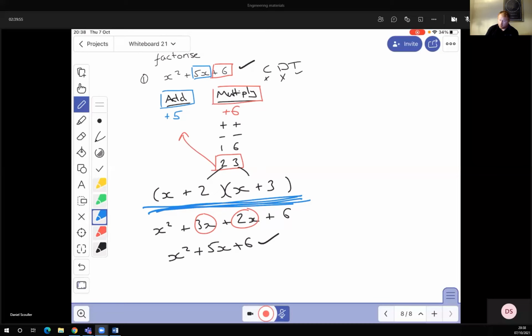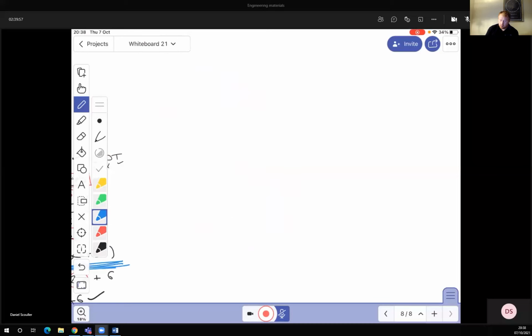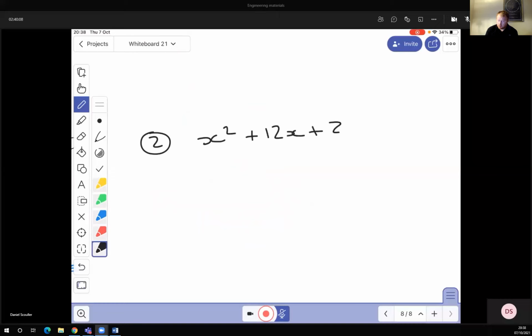Okay, next one, same process. Example 2: x squared plus 12x plus 20. I want you to write CDT. There's no common factors, it's not a difference of two squares, so it's a trinomial.